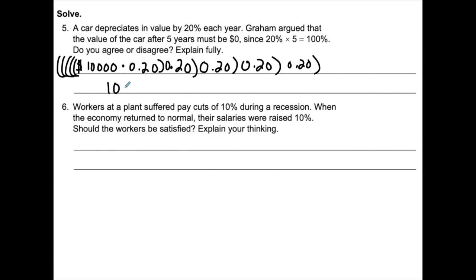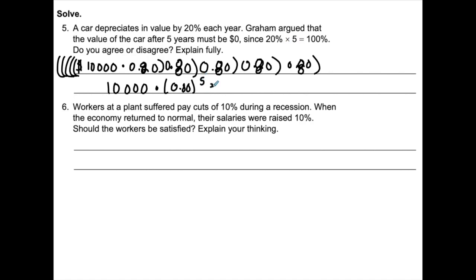So what I'm really doing is 10,000, for example, in this case, times... Now, if it's depreciating by 20%, what I really need to have is 80%. So I get 80% to the power of 5.